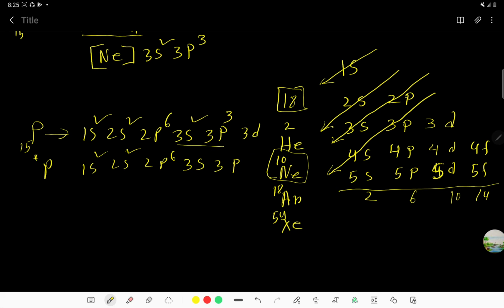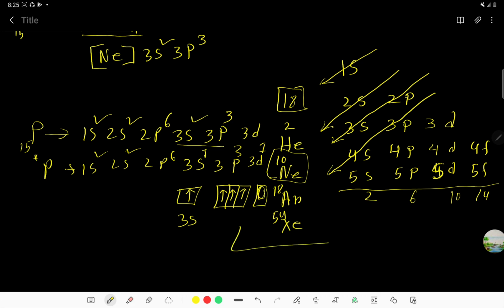So in excited state, one electron from 3s will go to the empty 3d orbital, and thus we'll get 3s 1, then 3p 1, 1, 1, then 3d. 3d will have 5 orbitals, right? 1, 2, 3, 4, 5.